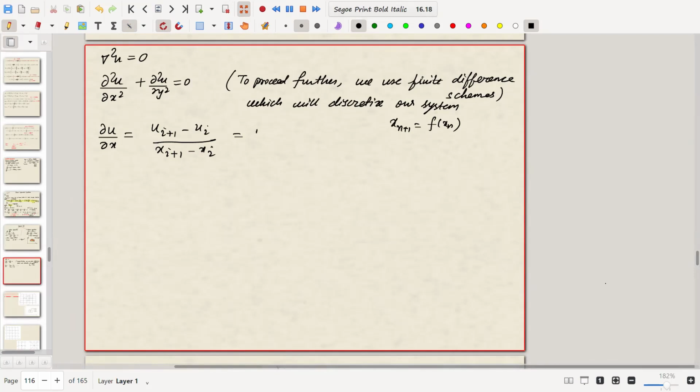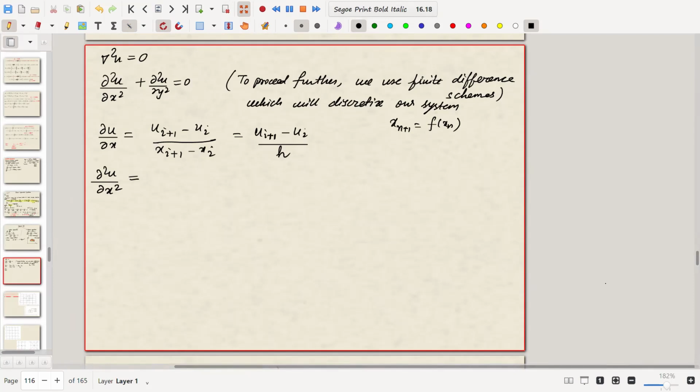Generally we take equal step size, so therefore u i plus 1 minus u i divided by h. This is a particular kind of scheme. Now this is a forward scheme where you deal with i plus 1. Similarly, there is a backward scheme also where you don't deal with i plus 1, you deal with i minus 1. Similarly, there is something related for the second order derivative.